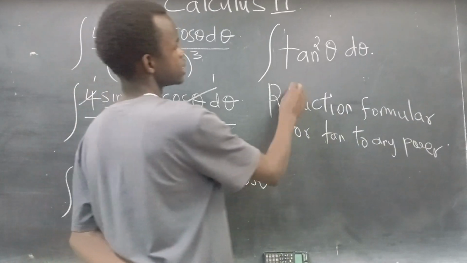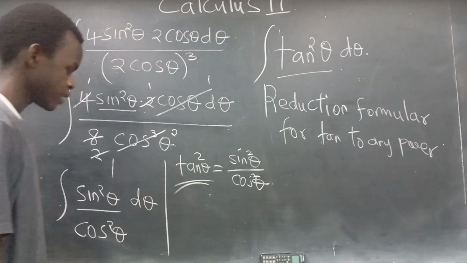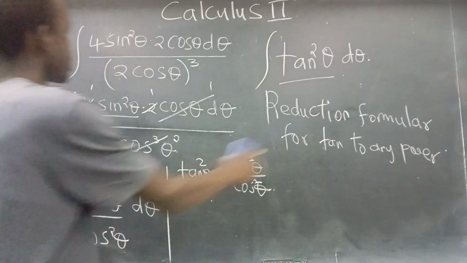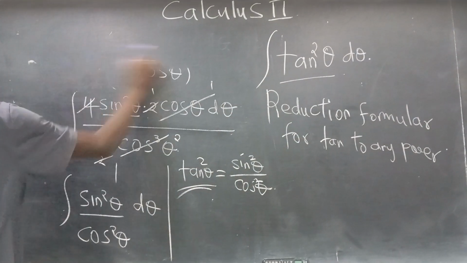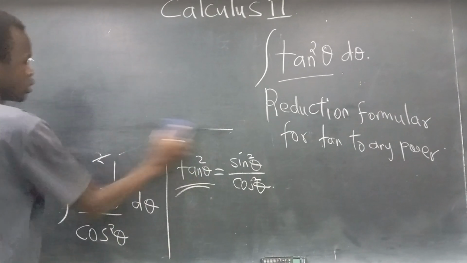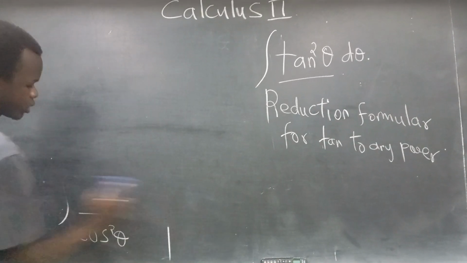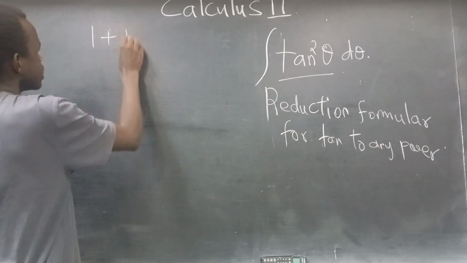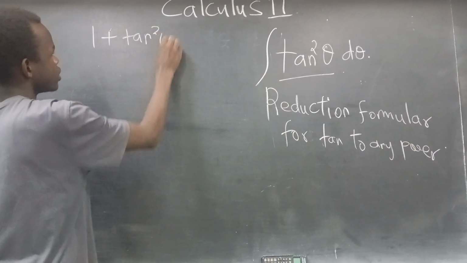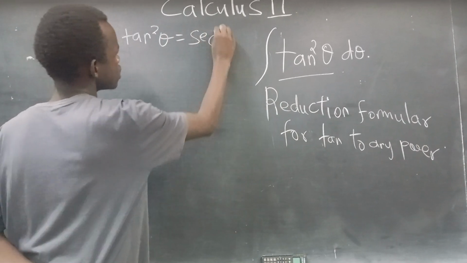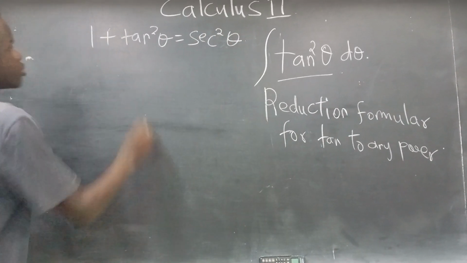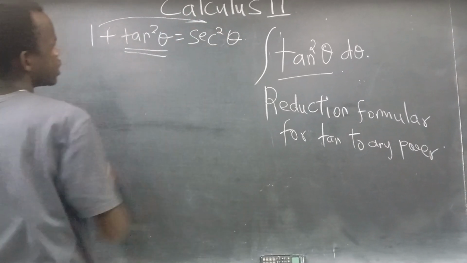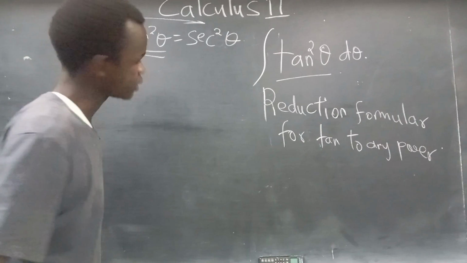I'll just replace tan squared of theta with the Pythagorean identity. We already wrote the Pythagorean identity: 1 plus tan squared of theta is the same as secant squared of theta. So what's my tan squared of theta alone? I'll take my 1 to the other side. I'll get secant squared of theta minus 1.